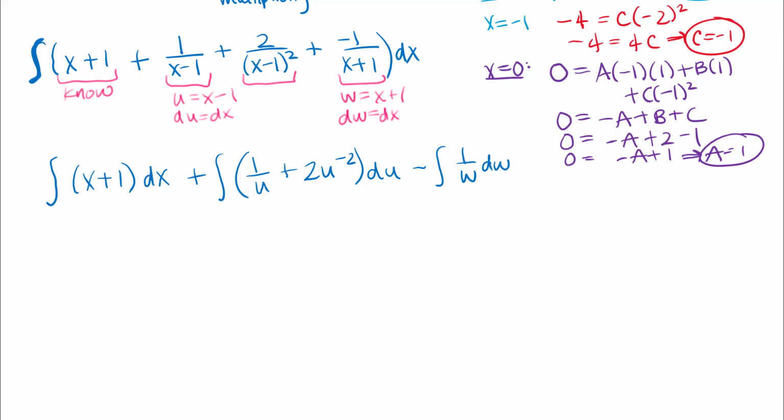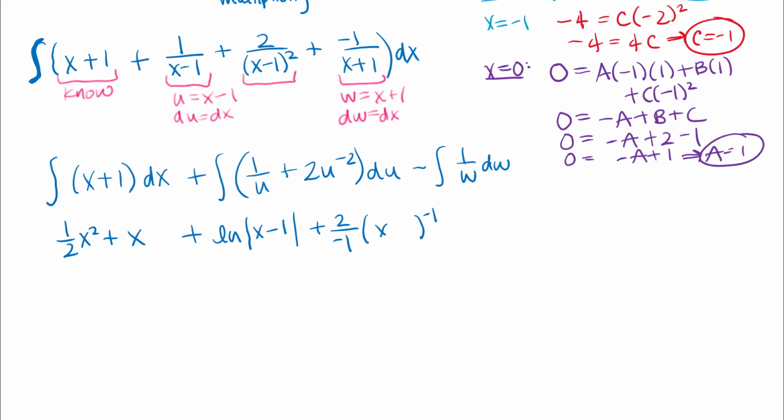Okay, so then I just do that integration: 1/2 x squared plus x from the first part, plus natural log of the absolute value of u. I'm going to go ahead and put my u back in. Use the power rule on this next part, so plus 2 over negative 1 times u to the negative 1.